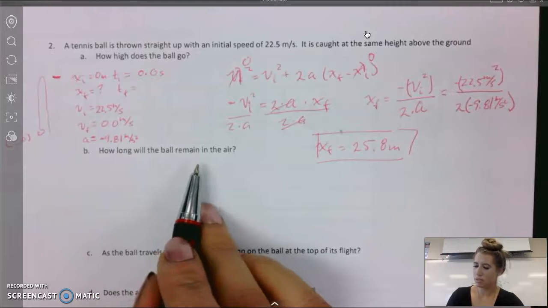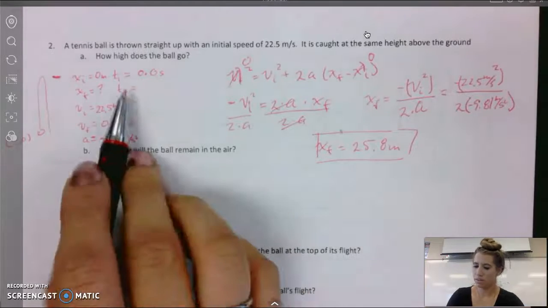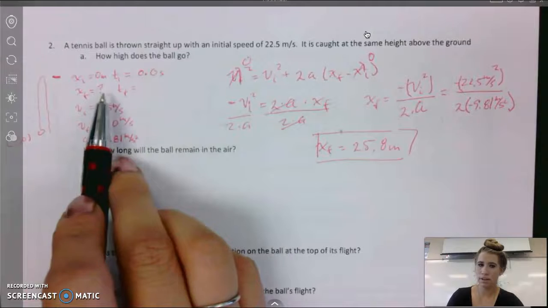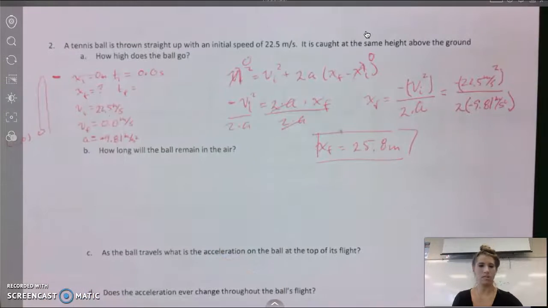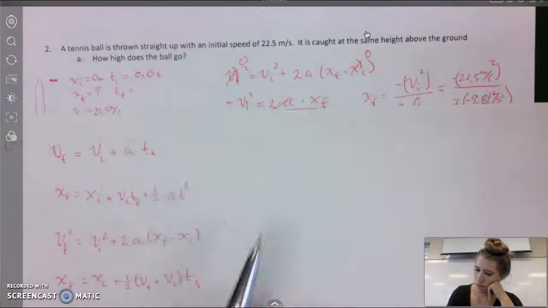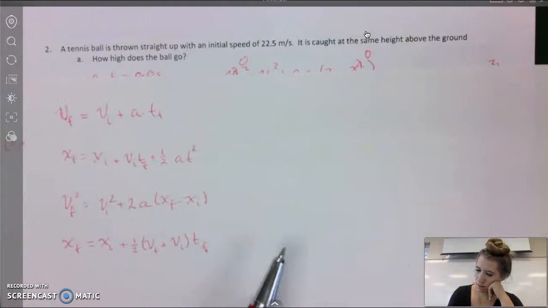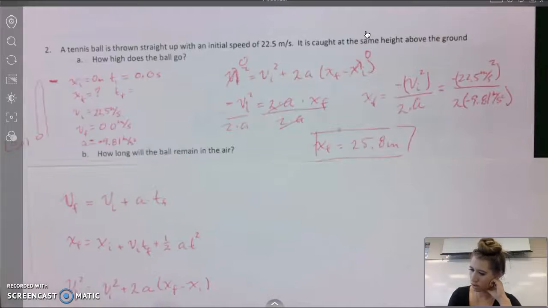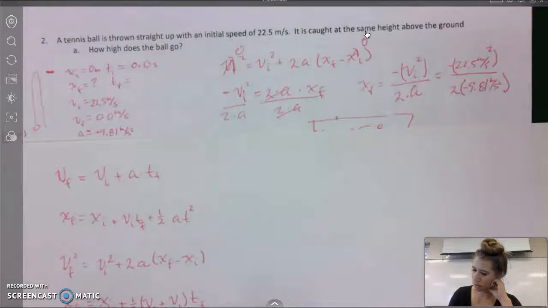How long will the ball remain in the air? So now we're looking for what is time final. You can take that info and plug it in there. It can be part of your list now. So we need to pick an equation that we're solving for time final with. And velocity final is a 0 component. Time initial is 0.